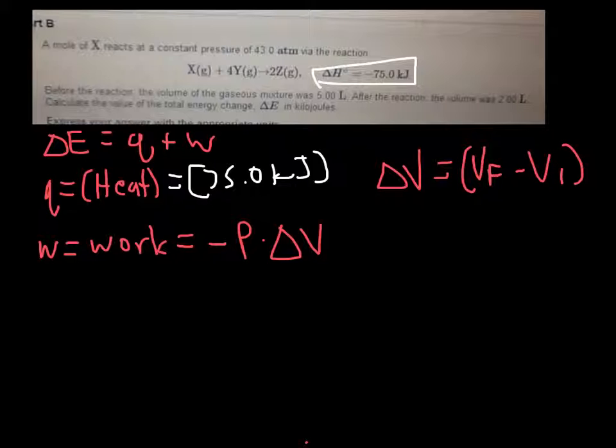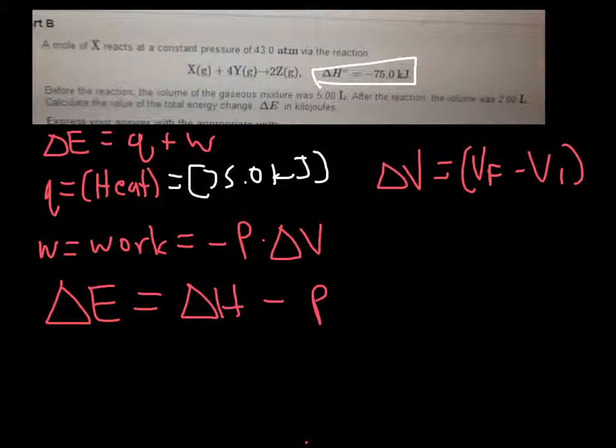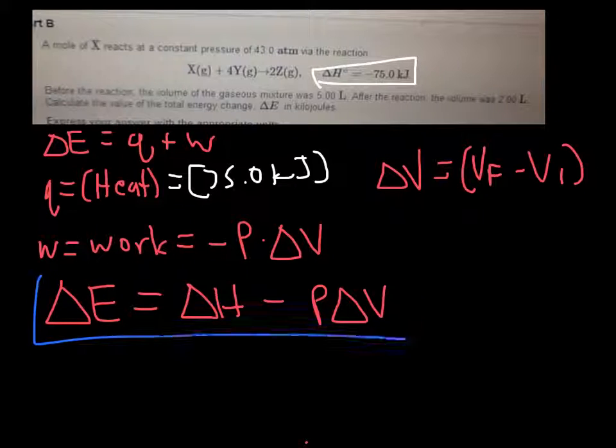Delta means change. So when we put it all together, delta E equals Q, which is delta H, minus P, pressure, multiplied by the change in volume.